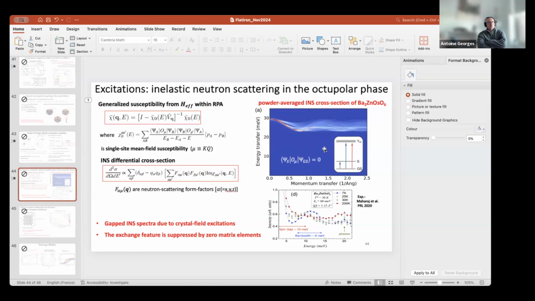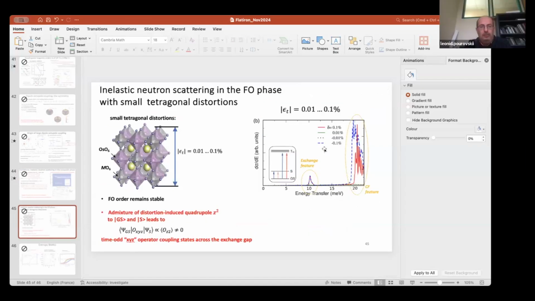And so the only way we could reproduce it is by introducing some small distortion. When we distort it, this condition of zero matrix element is violated, and then we have this exchange feature appearing. In accordance with our calculations, this distortion can be quite small, but still they don't see it. So it's possible that there is some kind of dynamic Jahn-Teller effect, which still exists in this phase and which produces this feature.